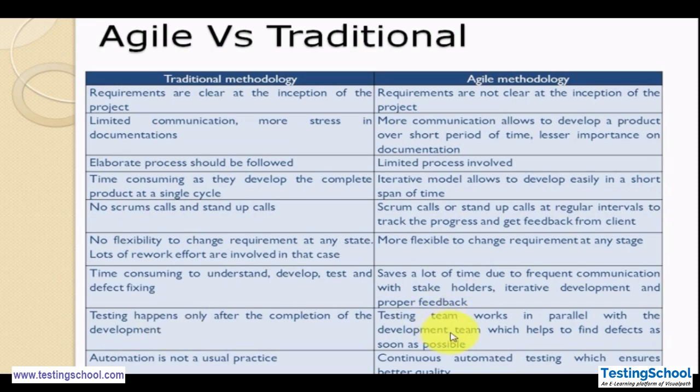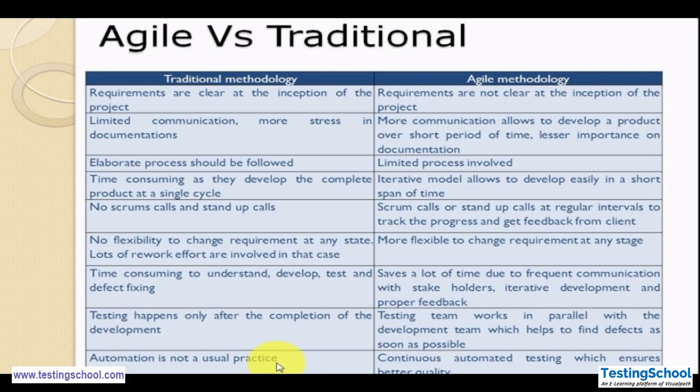But in agile model, the testing team works in parallel with the development team. Whatever they are working on, we simultaneously start working on our test cases, scenario writing, and automation scripts. So we are working on the same requirement which the development team is developing. And at the last, automation is not a useful practice in the traditional model, because you can only automate your project once the complete software development and testing completes.